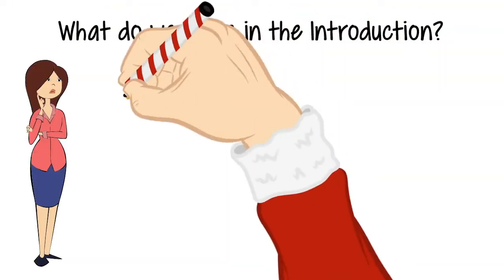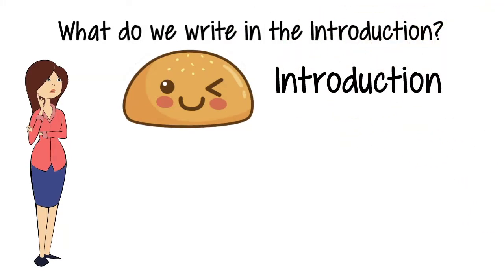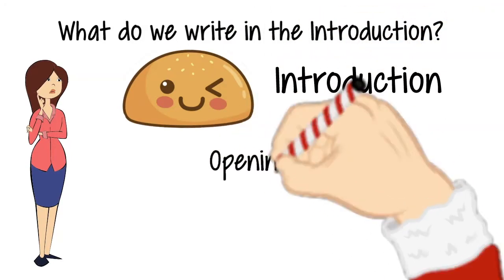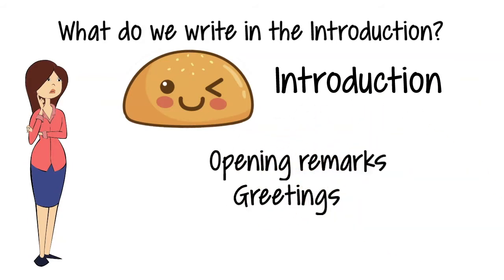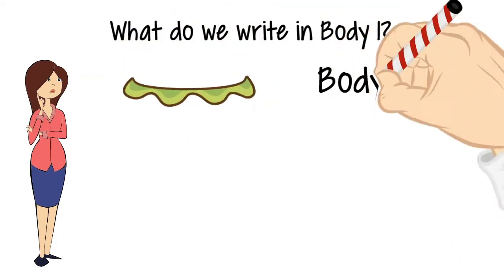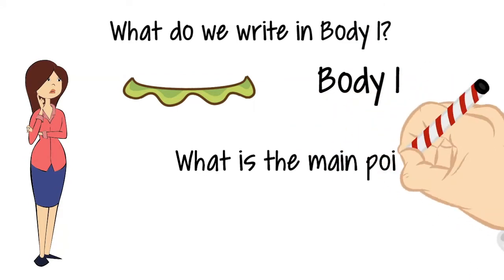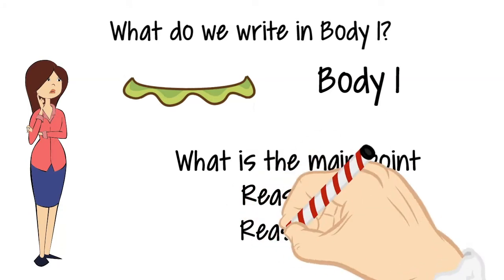What do we write in the introduction? For the introduction of an informal letter, we must have opening remarks, greetings, and the purpose of the letter. As for body 1, what is the main point or point number 1 of your letter? Give 2 reasons for your point.